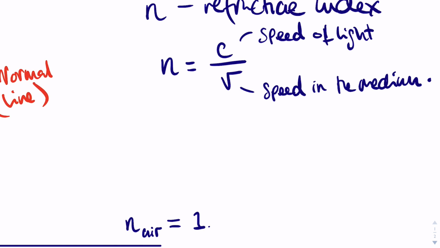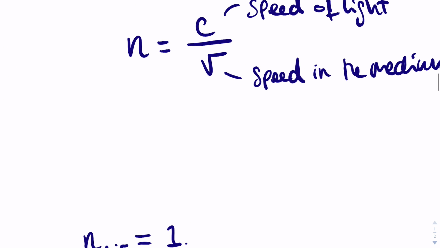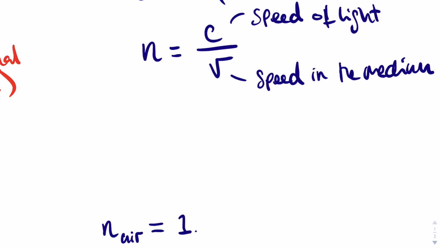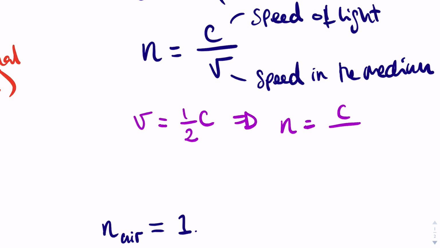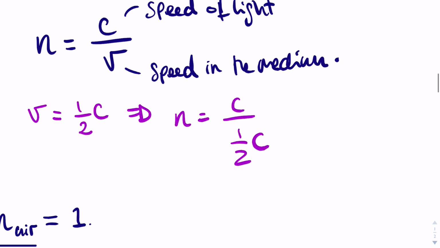So let's have a little look at our refractive index equation a little bit deeper. Let's test this equation out. Let's say that my speed v in some medium is equal to 1/2 the speed of light. Let's say that I slow down by a factor of 2 when I enter a new medium. Then my refractive index n will be c divided by 1/2 c.